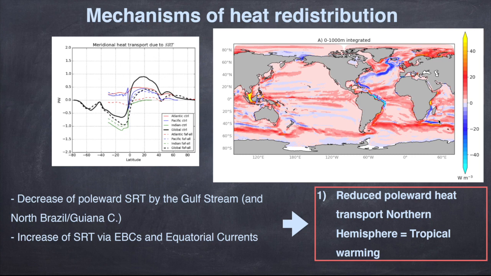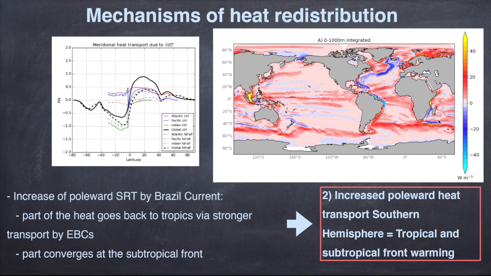So that is how the heat is redistributed from the subtropical gyres to the equatorial regions, causing this tropical warming. And when you look at the southern hemisphere, we actually have an increase in the polar heat transport, which is mostly dominated by this strong intensification of the Brazil Current in the South Atlantic.